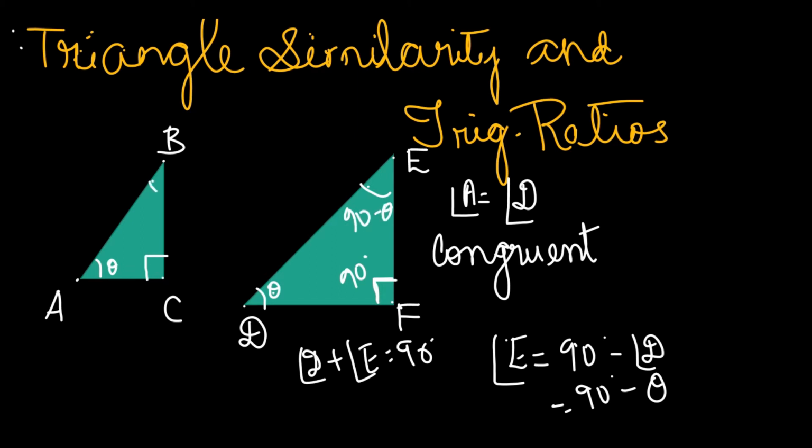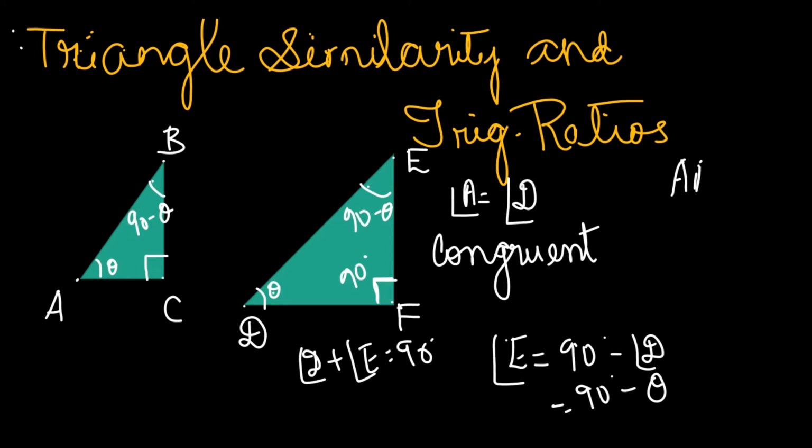Same way for this also, because angles are similar, 90 minus theta. Now what do we conclude with this? If we have two angles in common, we are going to have the third angles also in common. This is the condition for similar triangles, that is angle angle.